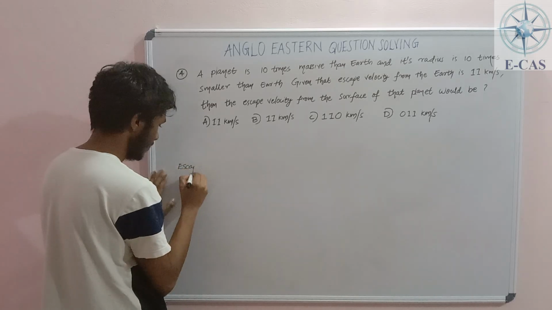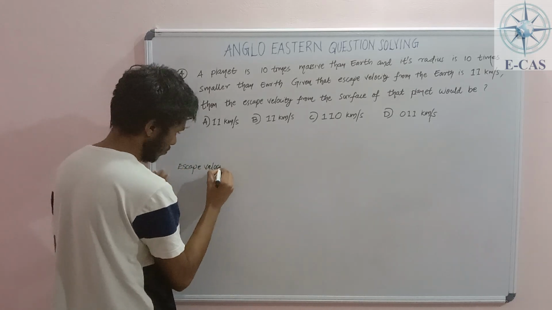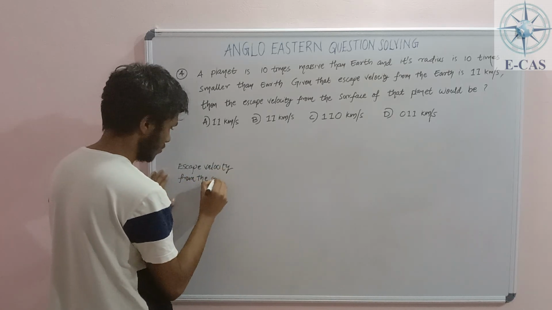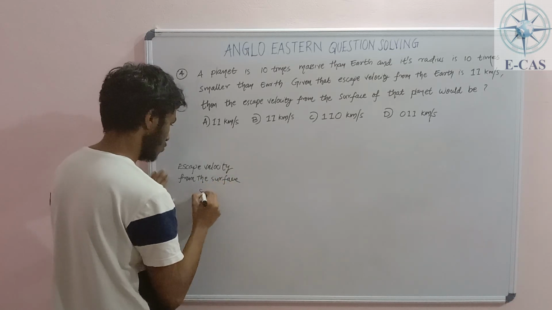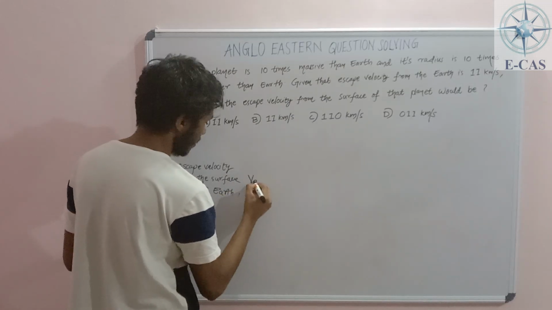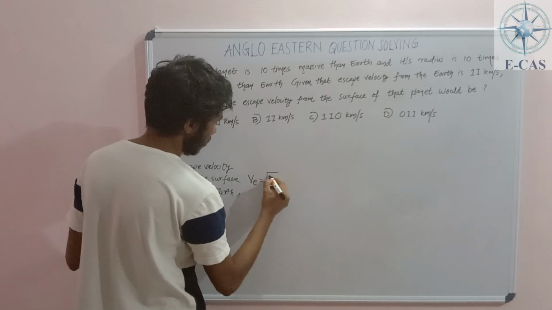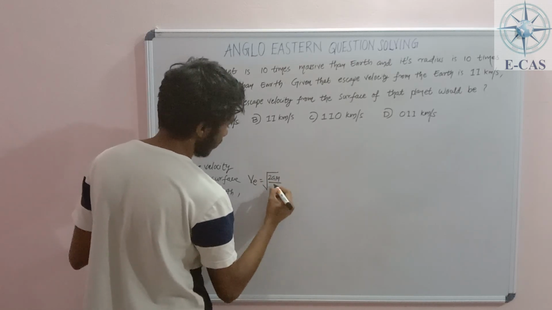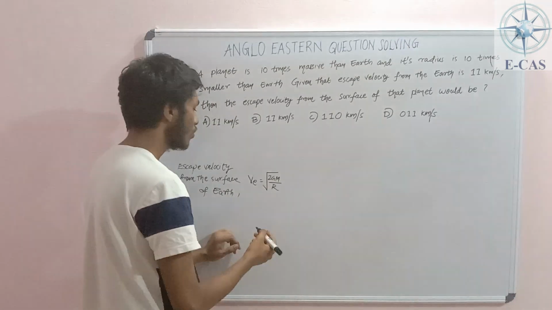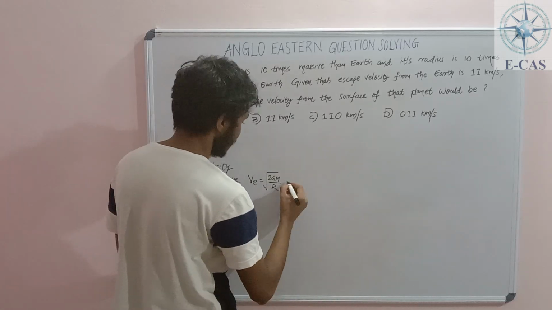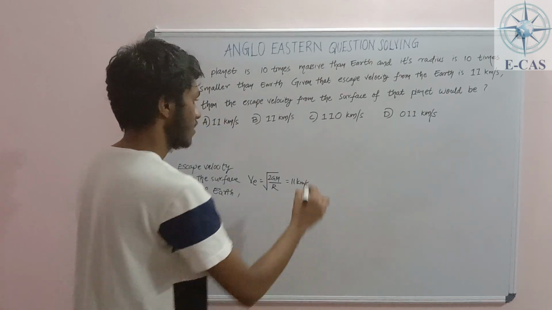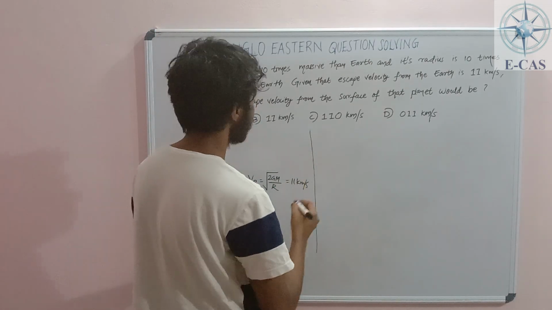Escape velocity from the surface of Earth, V equal to root 2GM by R. We know this formula from MENTORSHIP, and the value of escape velocity from Earth is given as 11 km per second. It's given data. In our question, there is an imaginary planet.